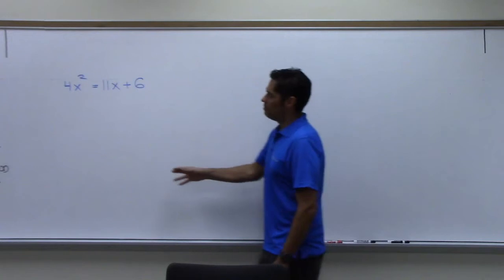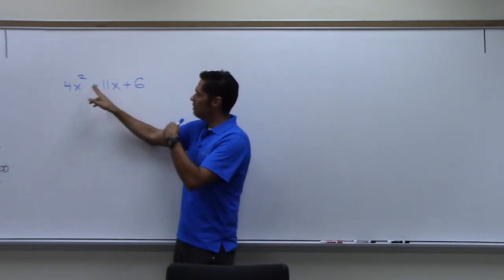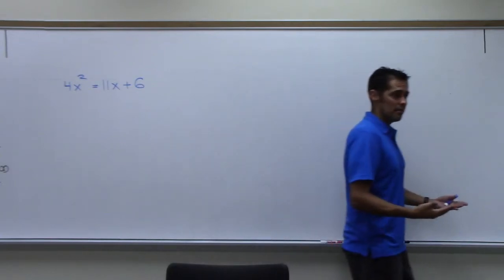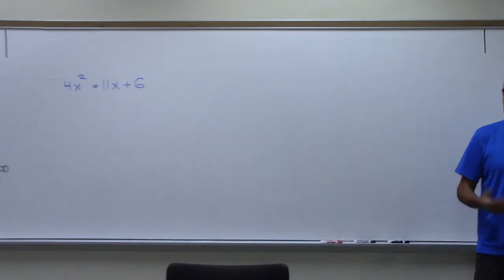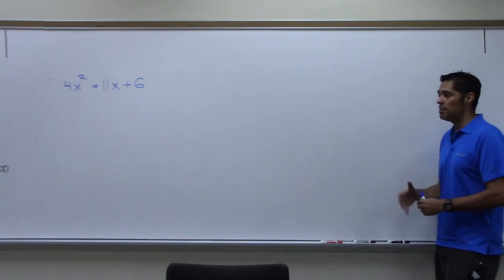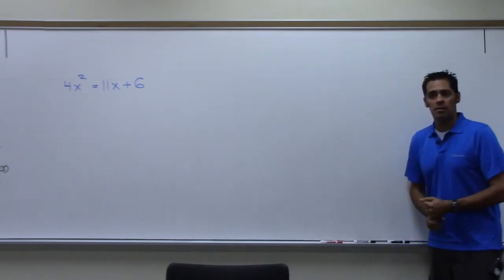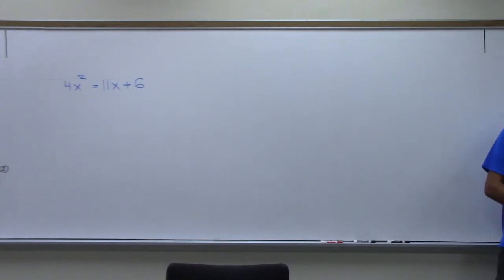So you look at this, right? It's an equation because there's an equal sign. It's x squared, not just x, so this is quadratic, right? What is the method so far that we've developed to solve a quadratic equation? Set it equal to 0. So that means you got to get everything to one side.